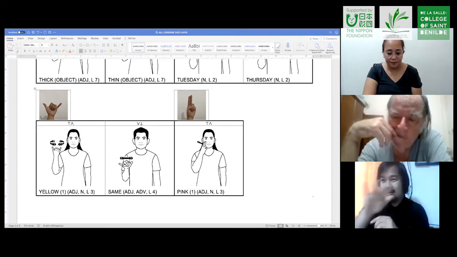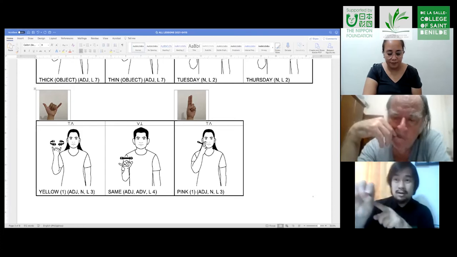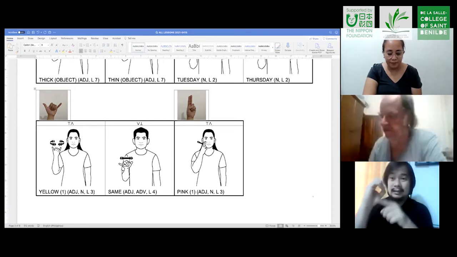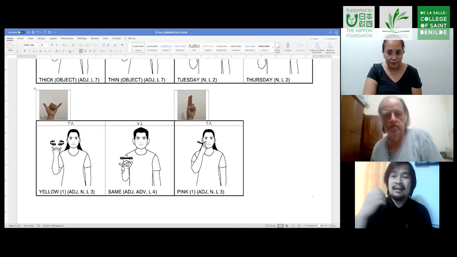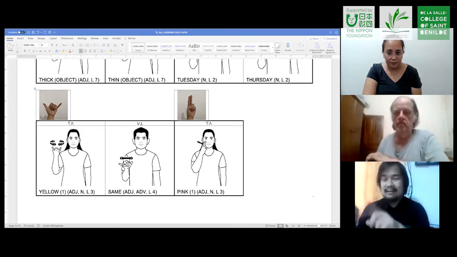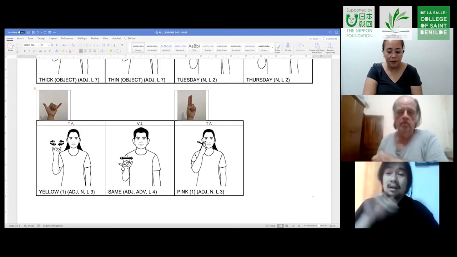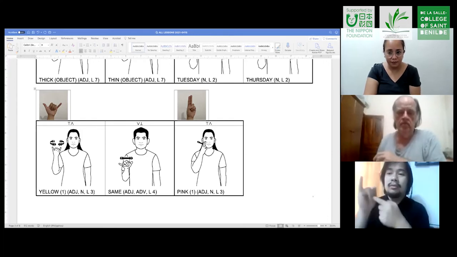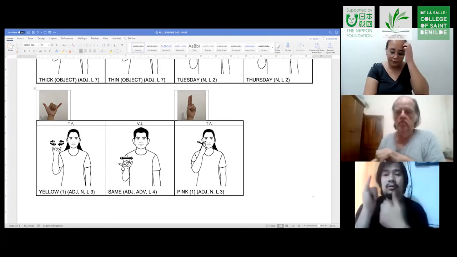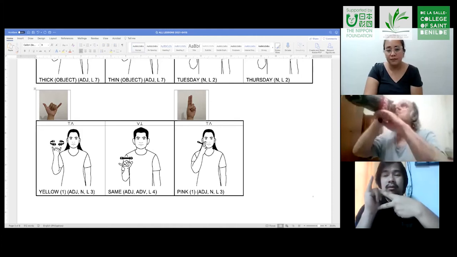For blue, for example, yellow is more like this, and orange is more of a left as well, as opposed to inward. But that's my take on it. It's left palm orientation.